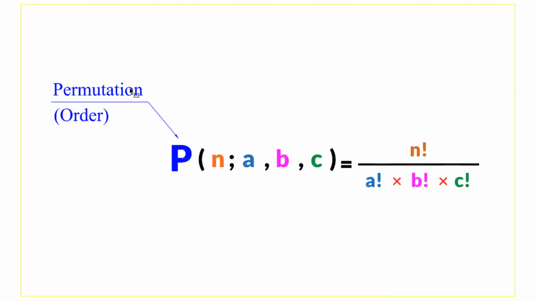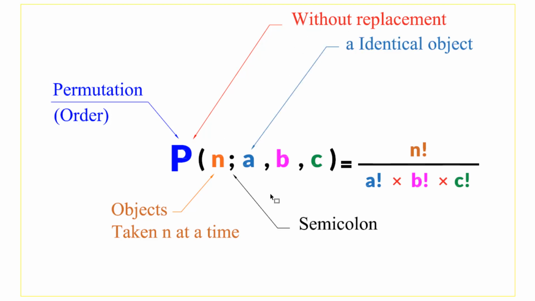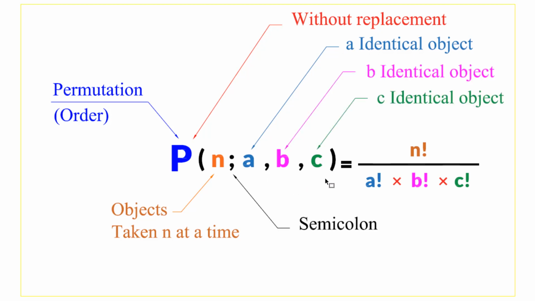So P is permutation of ordered objects taken n at a time, and here we have to put a semicolon, and if we don't write anything here it means without replacement, with A identical objects, B identical objects, and C identical objects.